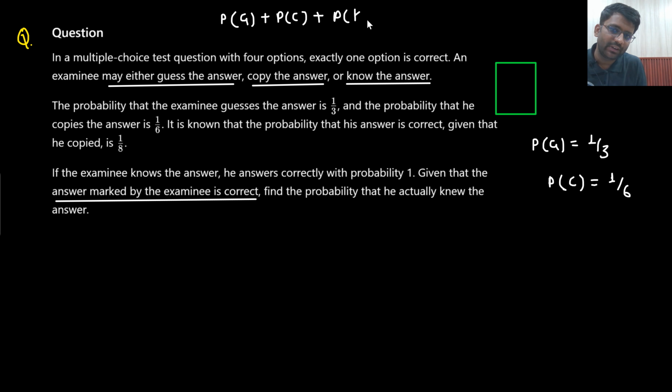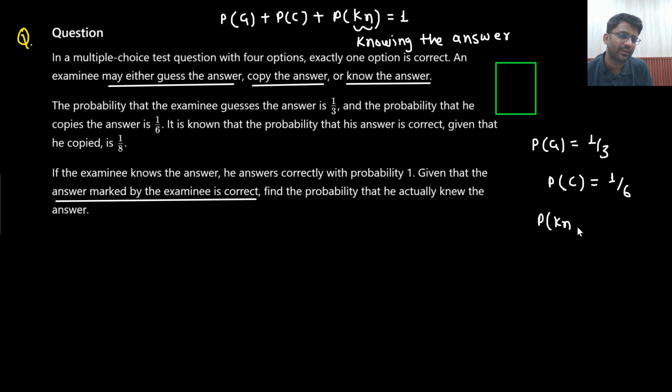So the total probability equals 1, because only 3 things he can do. So probability of knowing the answer will be 1 minus (1 by 3 plus 1 by 6), that equals 1 by 2. So probability of knowing the answer is 1 by 2.